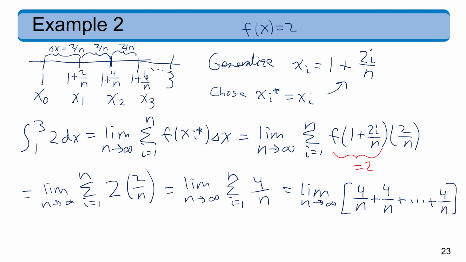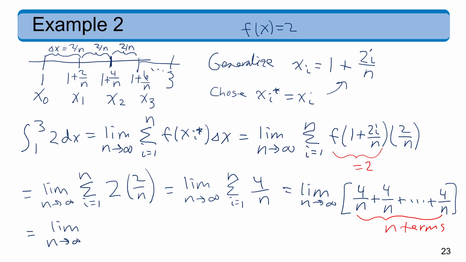So the important observation is there are n terms here added together. Right, once for each index. This was when i is 1, this is when i is 2, all the way down till when i is n. So there are n of these. So if you add a number to itself n times, it just means take that number and multiply it by n. So now we keep our limit sign.